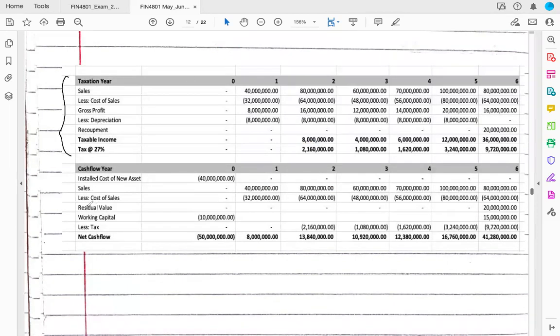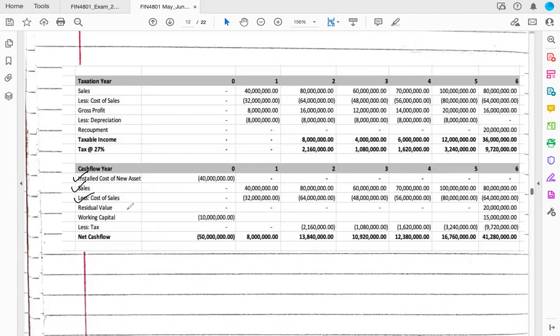The next part of the calculation is when we actually calculate the net cash flows for each particular year. For this particular question, we start with the installed cost of our asset, right? We then take our sales for each year, less our cost of sales, less any operating expenses except depreciation.